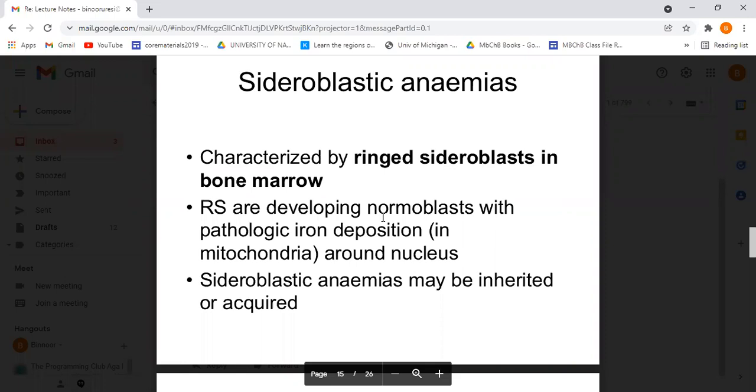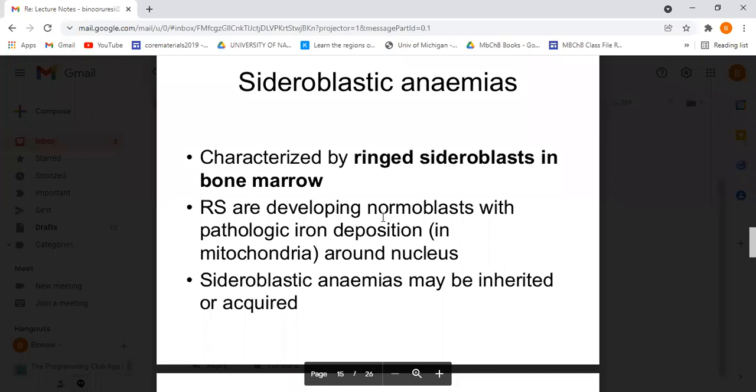When we do a bone marrow aspirate and stain the slides, what we find are the immature red cells, or the precursors of the red cells, with a ring of iron deposited around the nucleus. They are developing erythroblasts with pathologic iron deposition in the mitochondria around the nucleus.